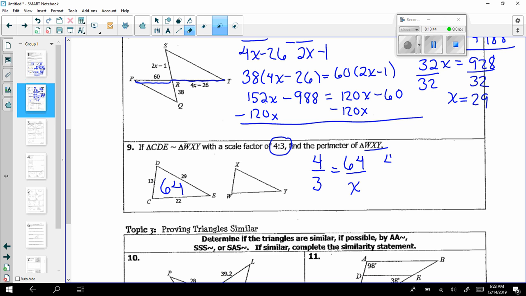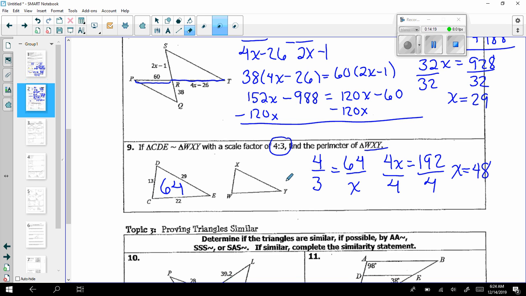So I get 4 times x is equal to 64 times 3, which is 192, and I divide by 4. And that's 48. So x is equal to 48. So the perimeter of this triangle is 48. Now we can again solve for each one of the sides separately and add them together, but that would be additional problems that we don't need.